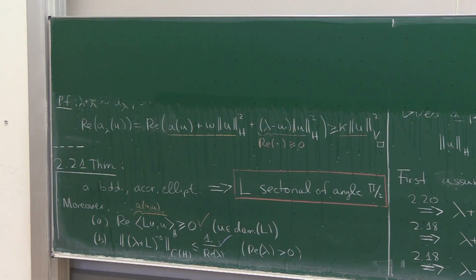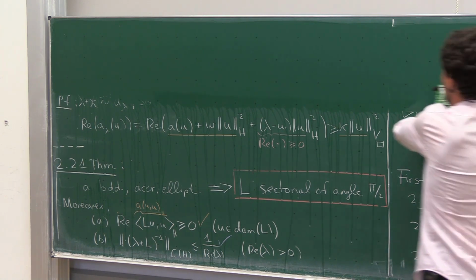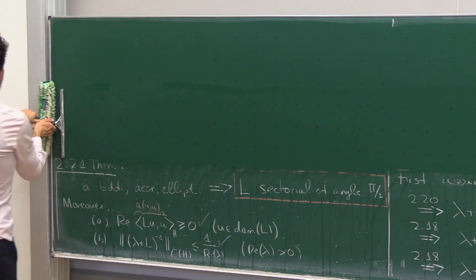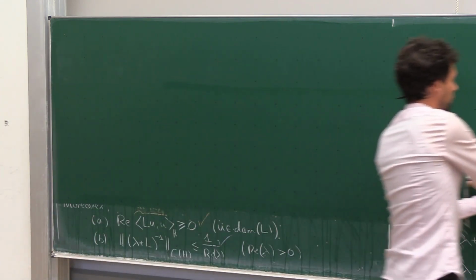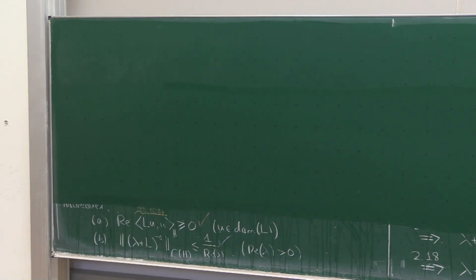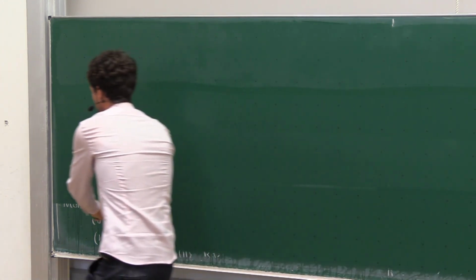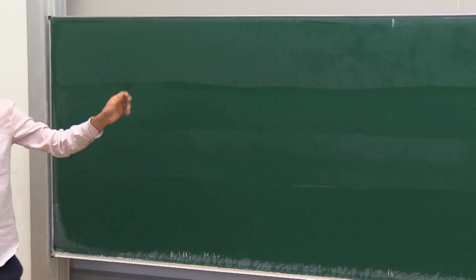Now there is some sort of coincidence in the statement that I proved, because if you take ellipticity and boundedness of the sesquilinear form for granted, then I had accretivity as an assumption, and accretivity means that the values of the quadratic form are in the right half plane. Okay?